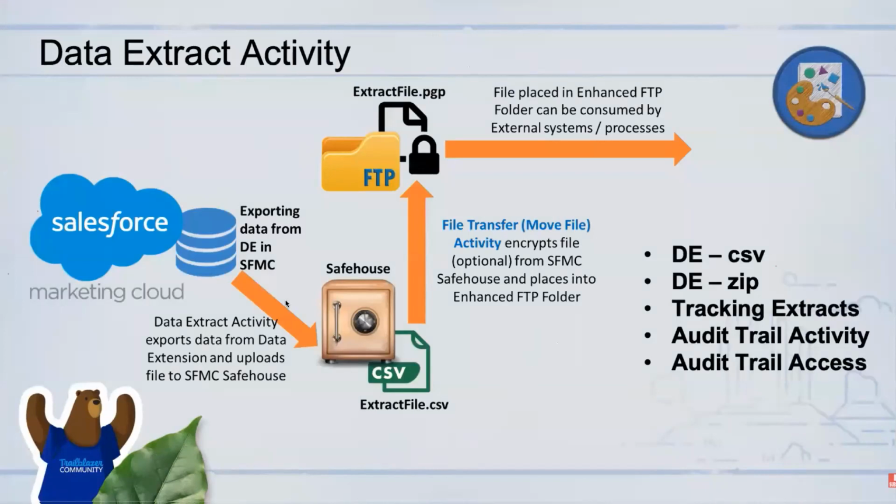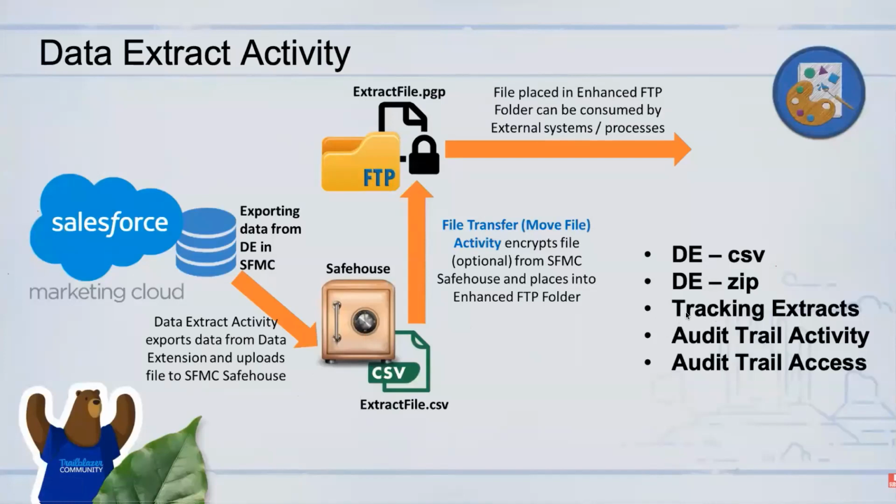Data extract activity can be used to extract data from a data extension and upload the file to SFMC Safehouse. Data can be extracted in CSV format, zip format, and along with that, we can also use the data extract activity to extract tracking data.